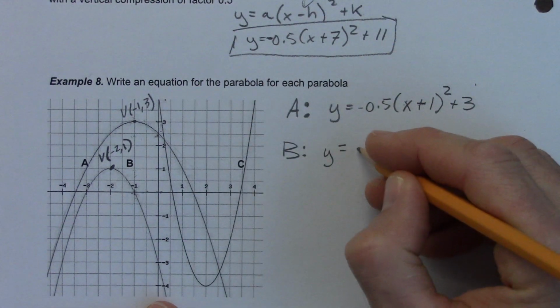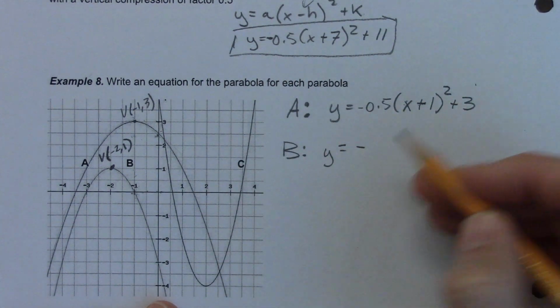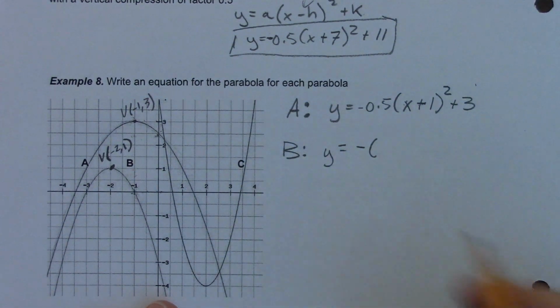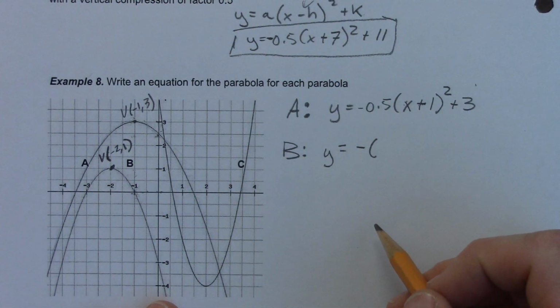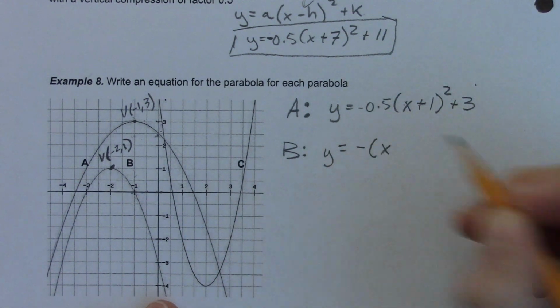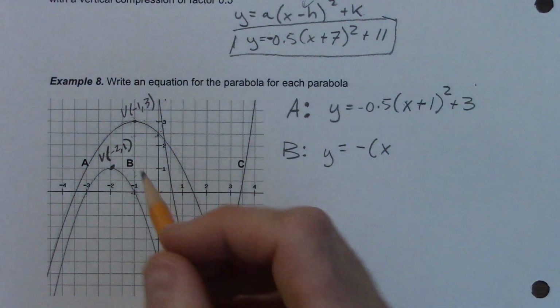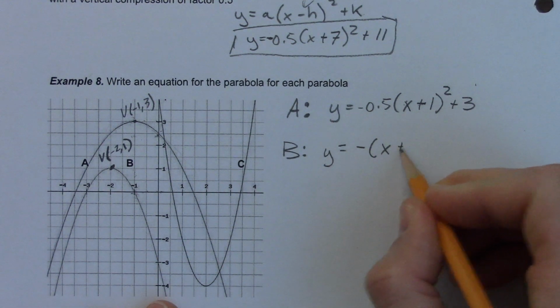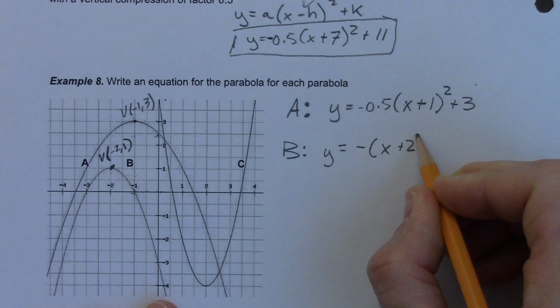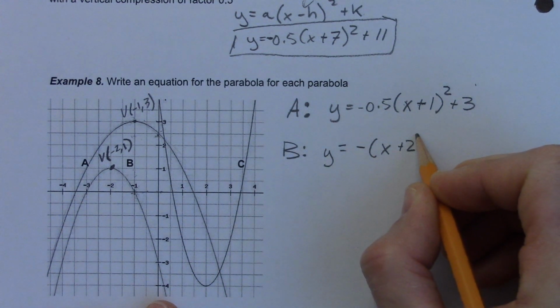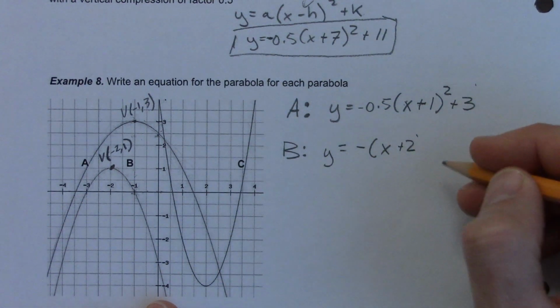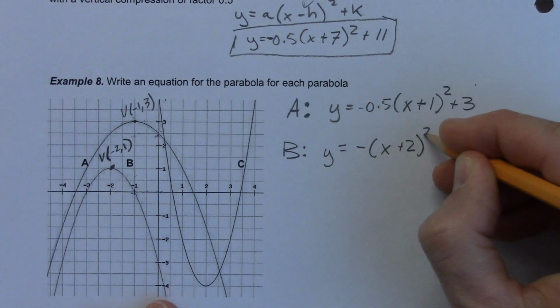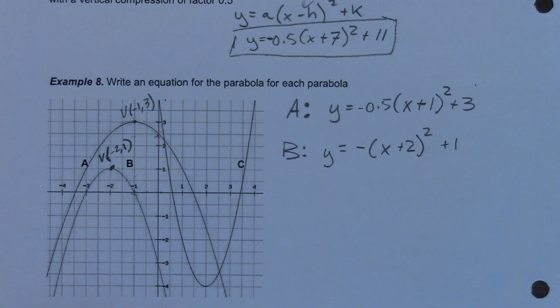So, yeah, negative. Don't actually write 1 for A, you just put negative. Okay, now what? Yep. Yep. Now what? Yep, plus 1 out here, but I got to finish this off, right? Yeah. Okay.